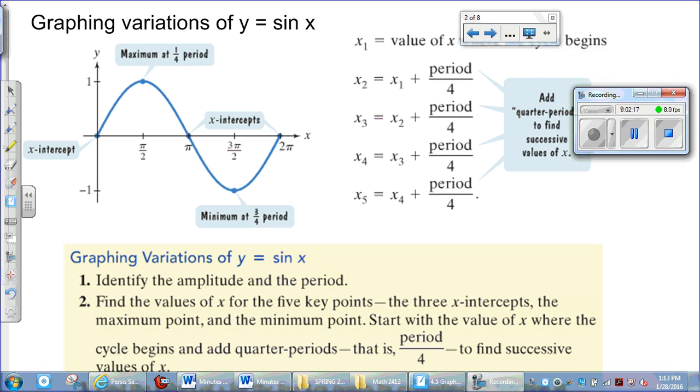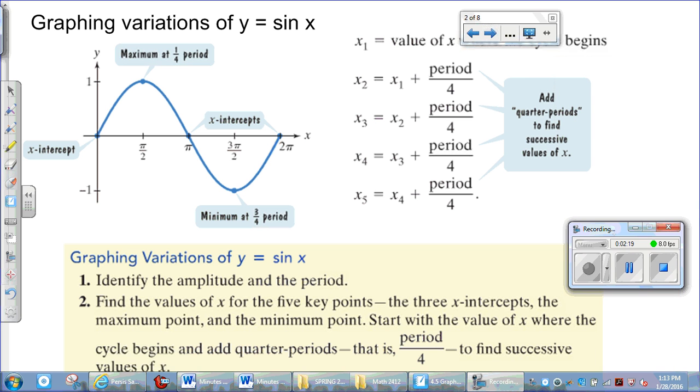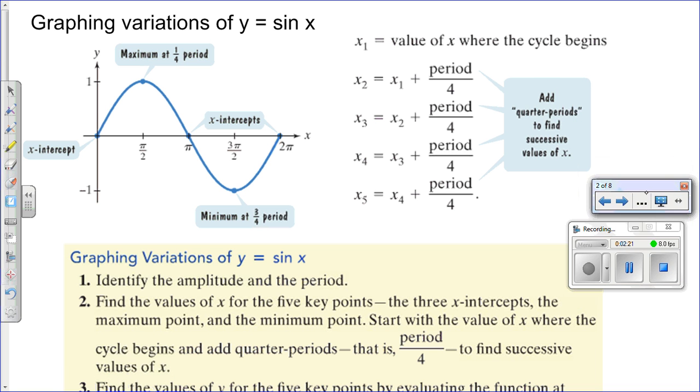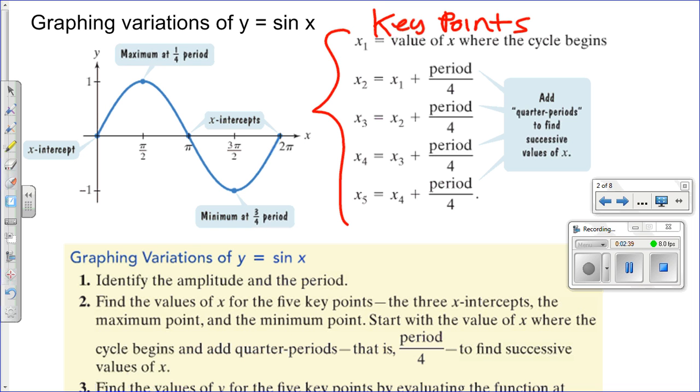Okay, so these are some guidelines for you to graph it, and you'll see in a minute what I mean by all of this. We're going to be finding 5 points, which we're going to call the key points. Those key points are going to be the ones that I'm going to mark here, okay?